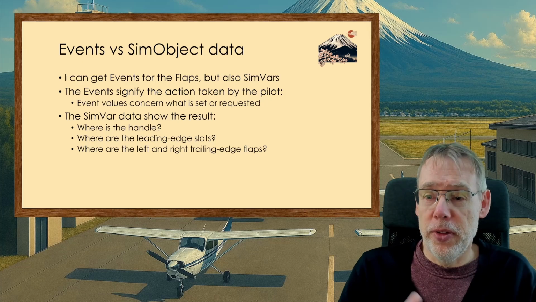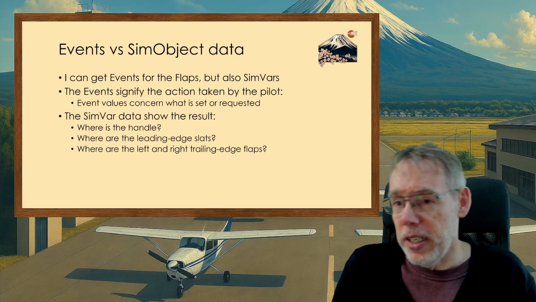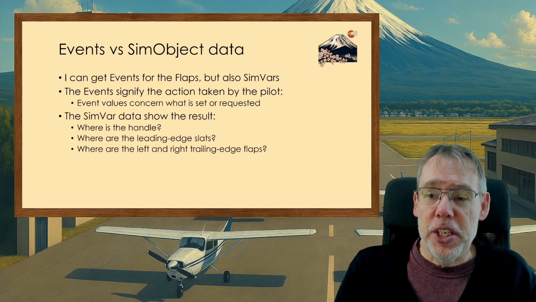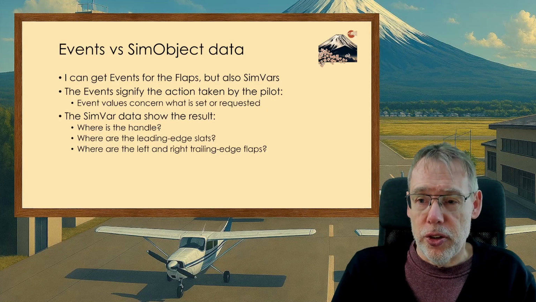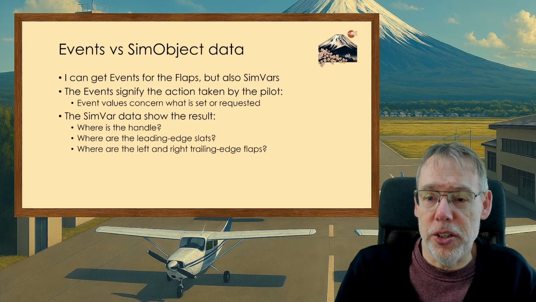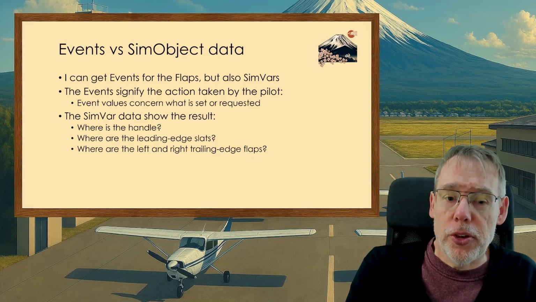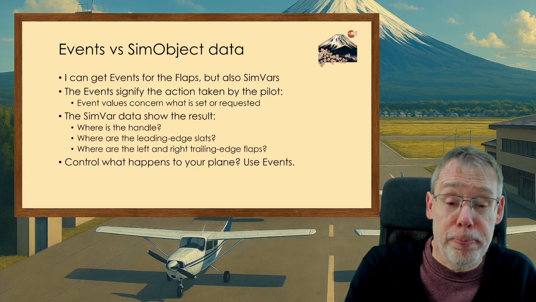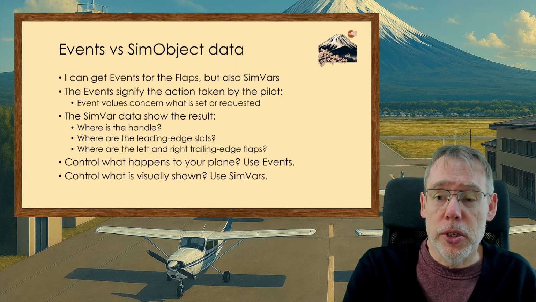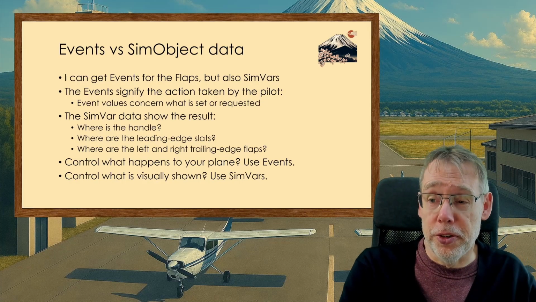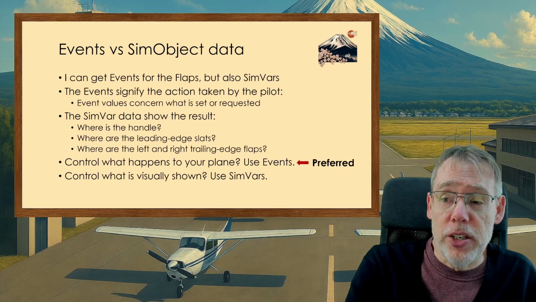And we have them on the left and on the right side on each wing. There might be multiple trailing edge flaps. SimVar data can show you those results. So it can show you actually the moving or the animation, so to speak, of those flaps. So how do you make a choice? Well, if you want to control what happens to your plane, use those events. If you want to control what is visually shown, use SimVars. And generally, for making changes, the preferred way is to use those events.